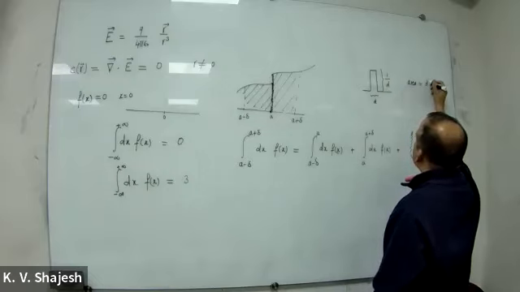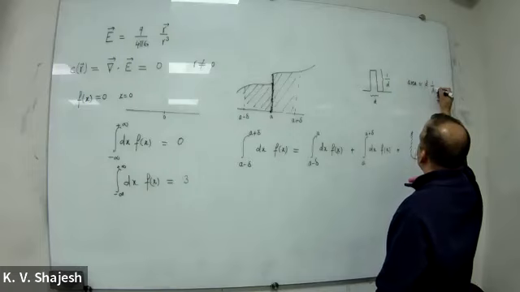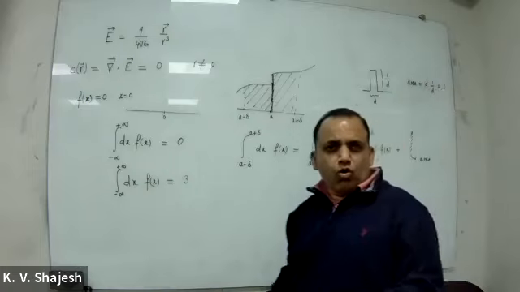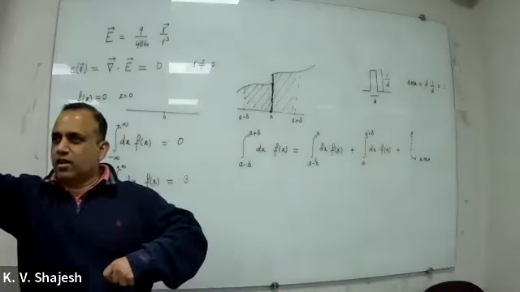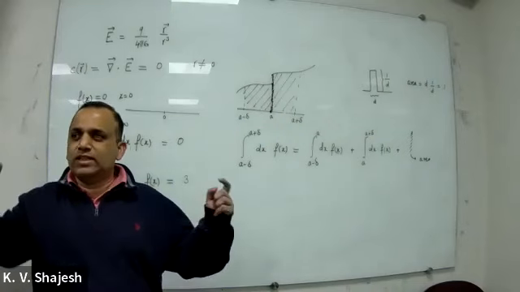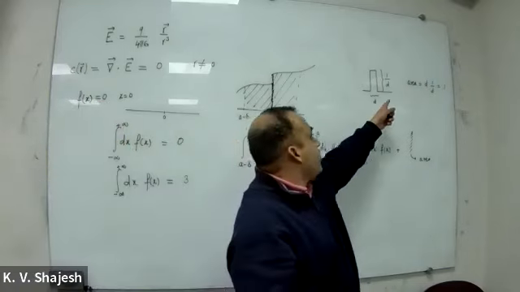It is D times 1 over D, which is equal to 1.